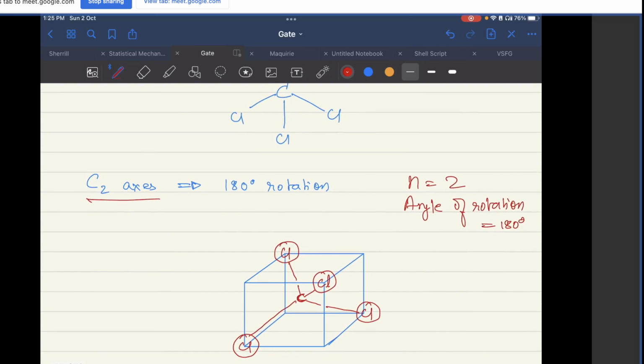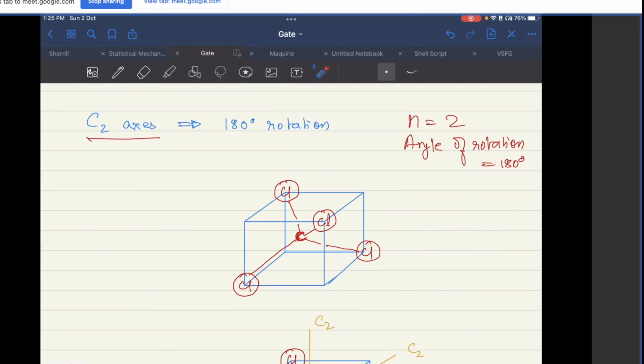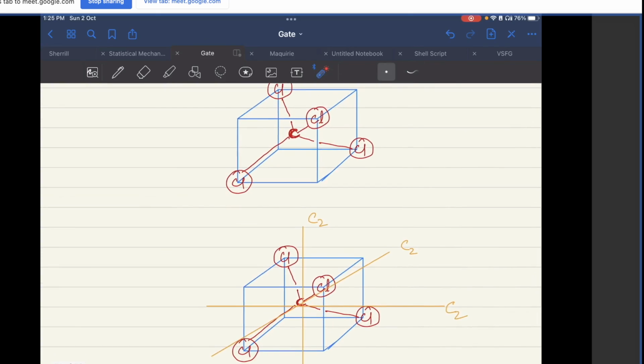So this is my molecule, a tetrahedral structure. It's a little difficult to imagine, so I have drawn it in a cube, and you can now imagine how my Cl atoms are arranged in tetrahedral positions. This is my carbon here, and these are the 4 Cl atoms. If I am doing the C2 rotational axis, it should be a 180-degree rotation.